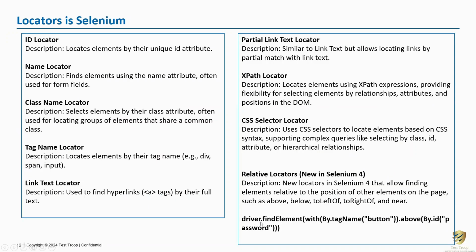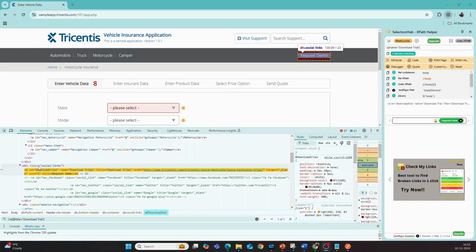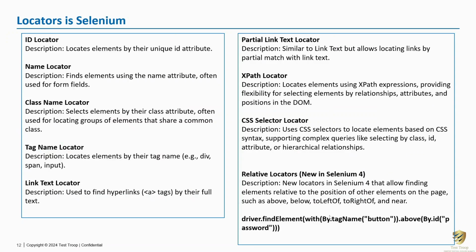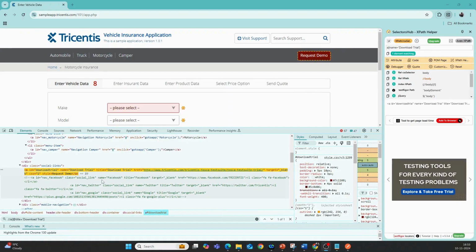Here we can give driver dot find element with by class, as social link, then below by id as audit trail.